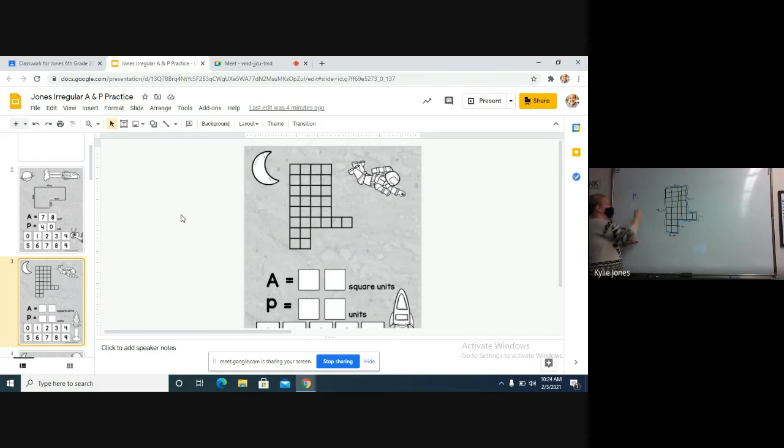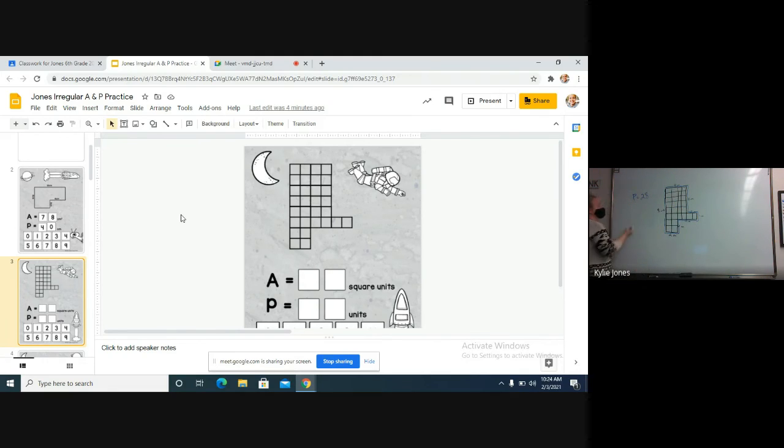You just gotta count. You could check your answer by adding up what we just found, right? Does that make sense? Okay, so for the perimeter, you can just count around the outside if you're given the boxes. So the perimeter on that one is going to be 28. Should we check our work by adding all these up?